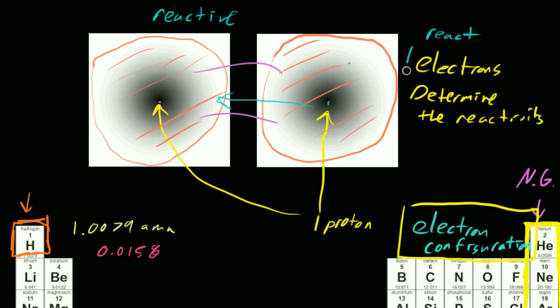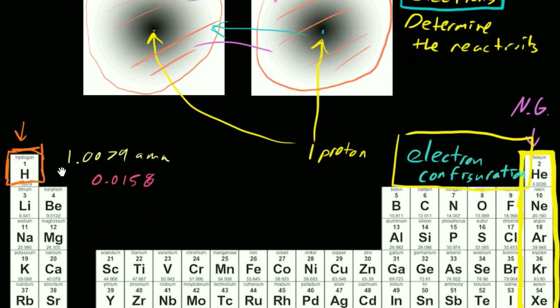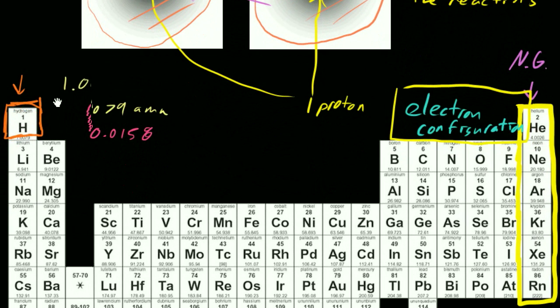And all of that is determined by the electrons, about how the electrons look, how many electrons are around an atom, specifically how many electrons can be around an atom.